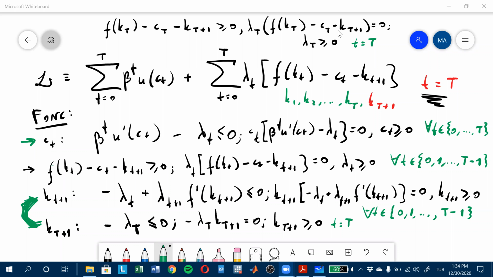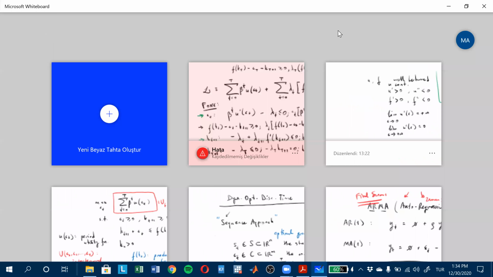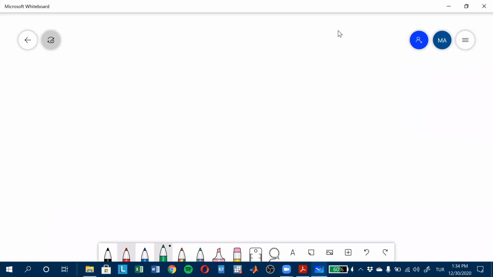Now, how to proceed? So be careful what we are choosing. We are choosing c_0, c_1, ..., c_T. In the meantime, we are choosing k_1, k_2, ..., k_T, k_{T+1}.